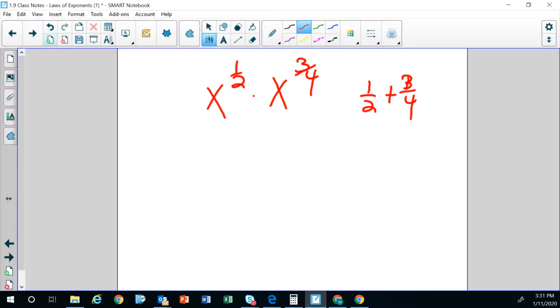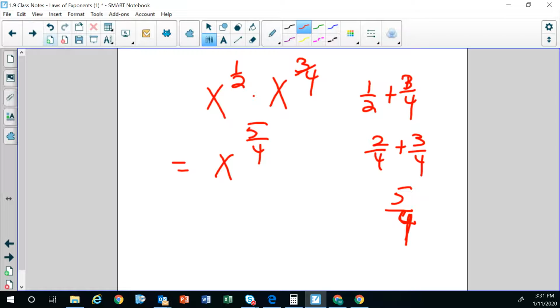And if you're still shaky on adding fractions, go ahead and use a calculator. When I add this, I'm going to get 2/4 plus 3/4, which is 5/4. So that's going to give me x to the 5/4.